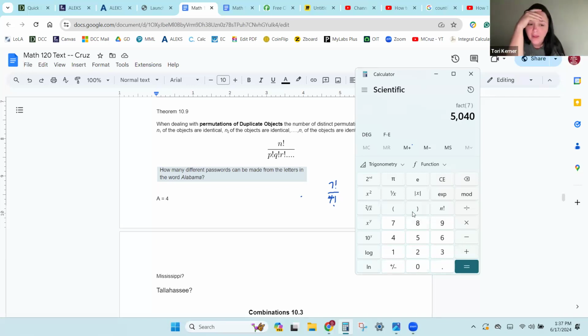So with the Alabama one, why wouldn't I just do 4 factorial? It needs to be 7. Well, there are 7 letters in Alabama, but you're essentially dividing out 4 of them that are repetitious.